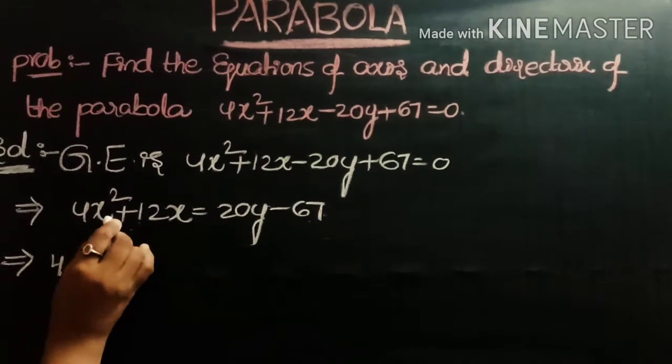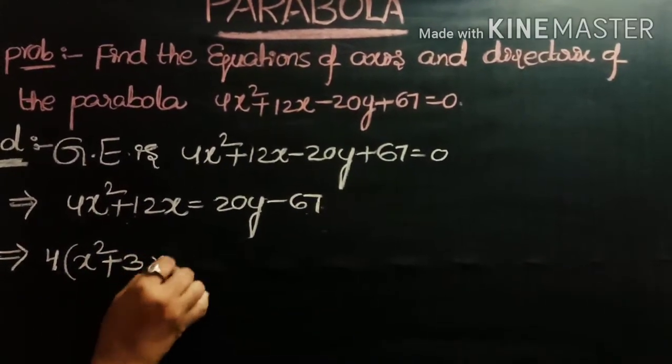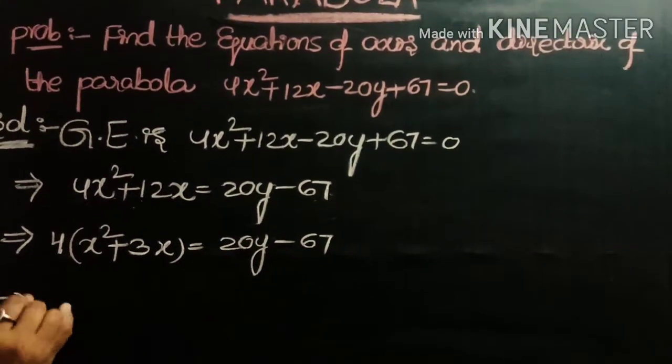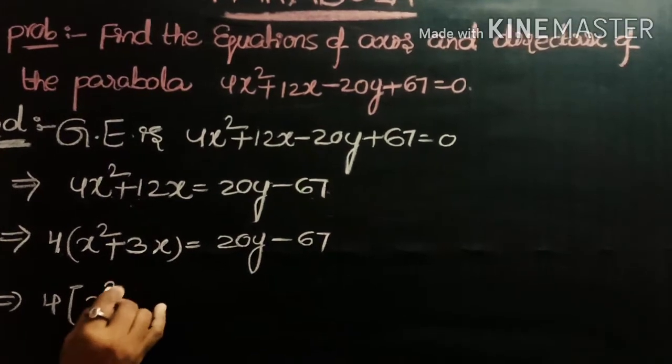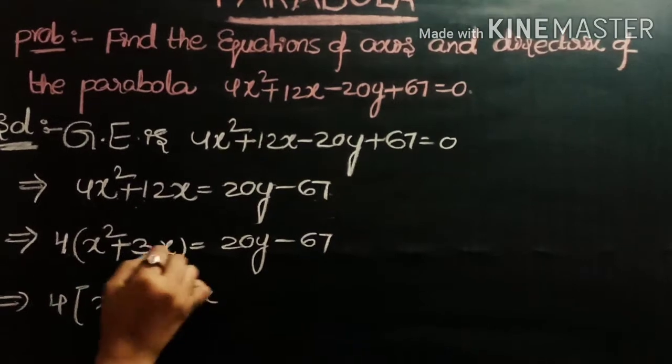Here the x square coefficient is 4, taking 4 common, it becomes x square plus 3x is equal to 20y minus 67, which implies 4 into x square plus, now we want to write this term in the form of 2 into 3 by 2 into x, which is nothing but 3x.